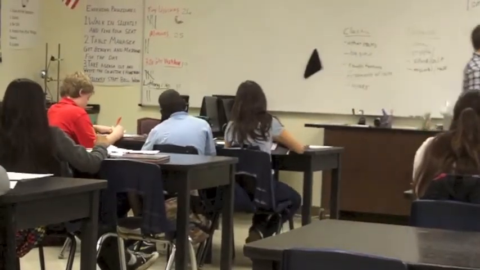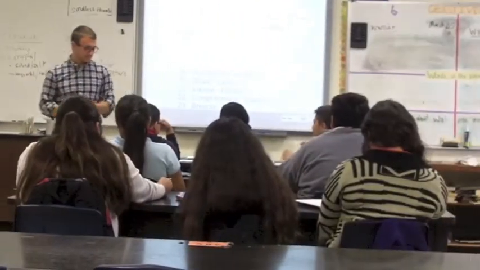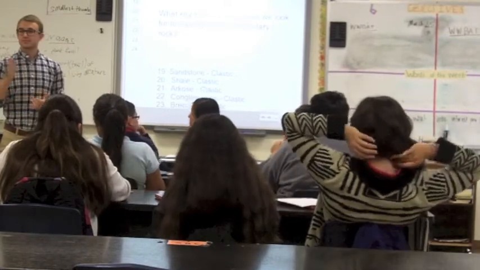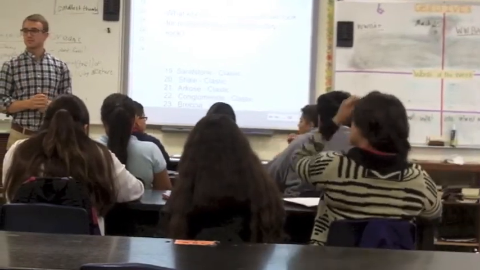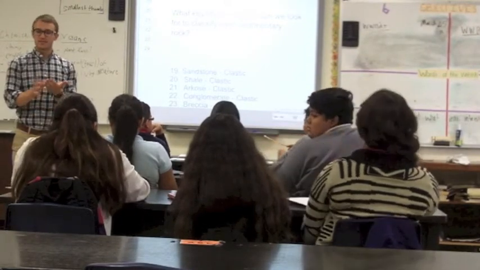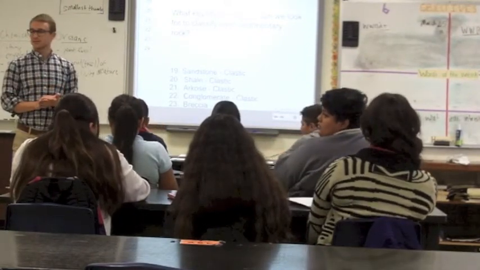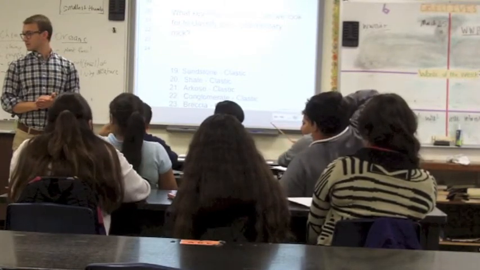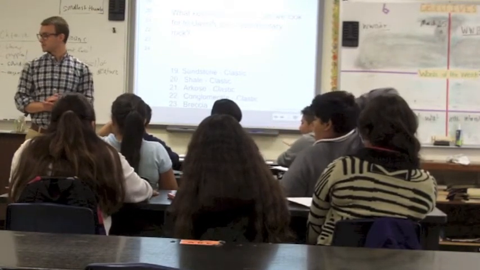And 24. What were some observations we made for 24? Isaac? What do you mean by dusty? It felt dusty. Okay. Good observation. Giselle, what kind of observations did you make?